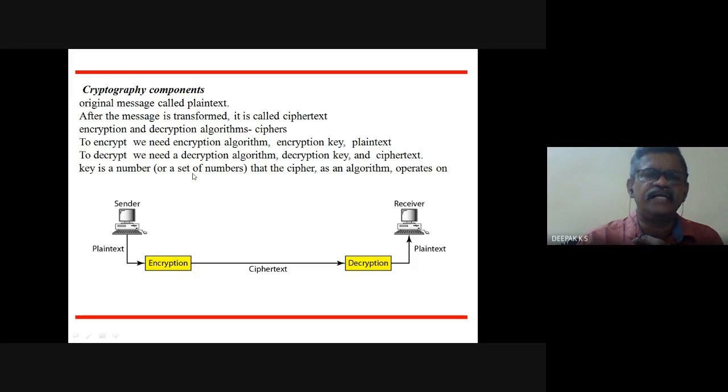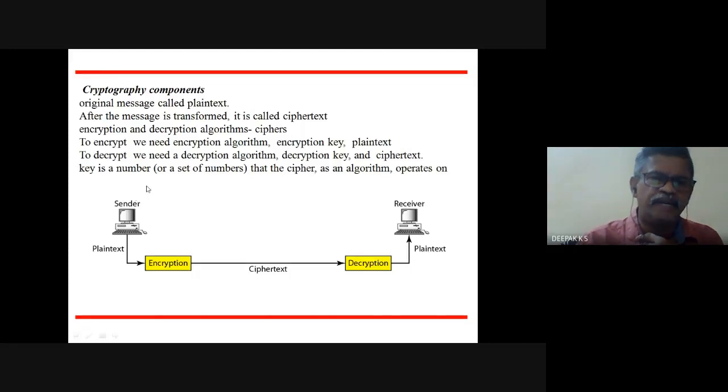So we need an encryption algorithm here, and it will encrypt this plain text using a key. So there is an encryption key. For decryption, again we need a decryption algorithm, a decryption key, and this cipher text.